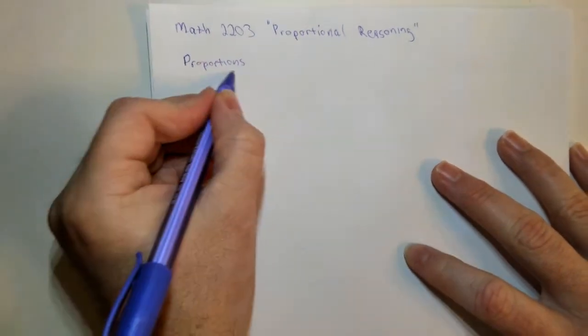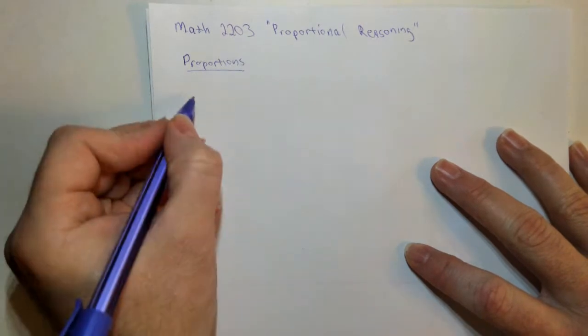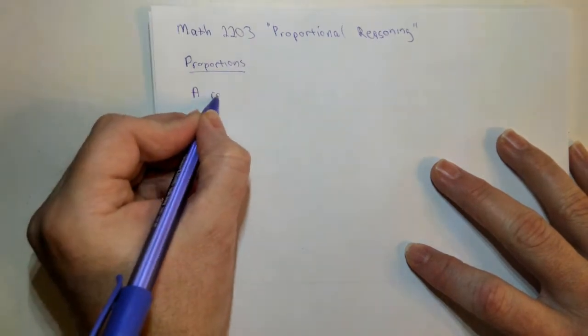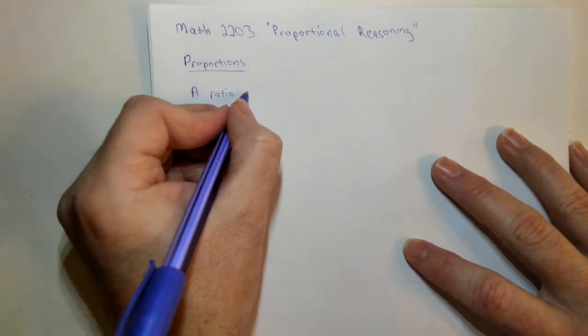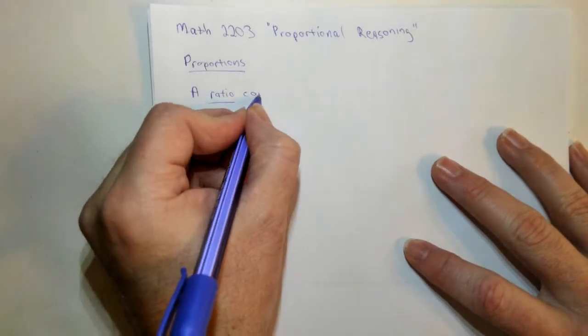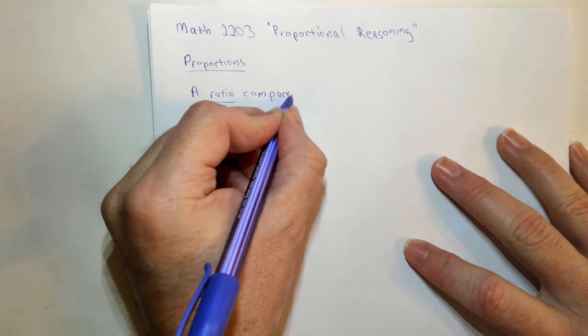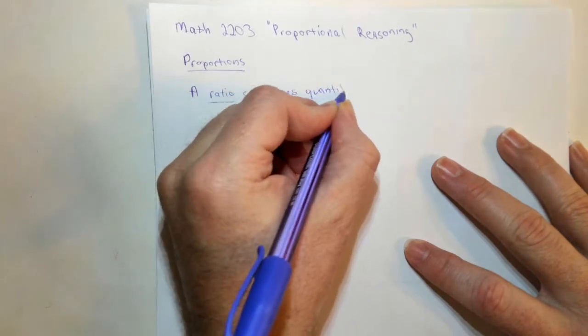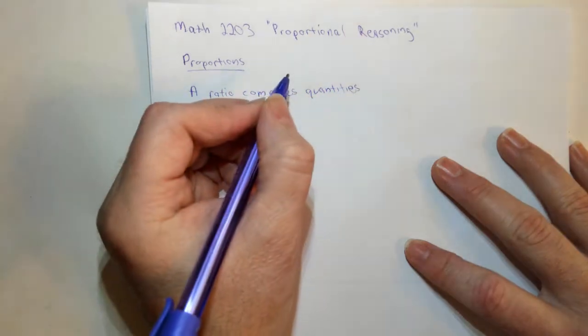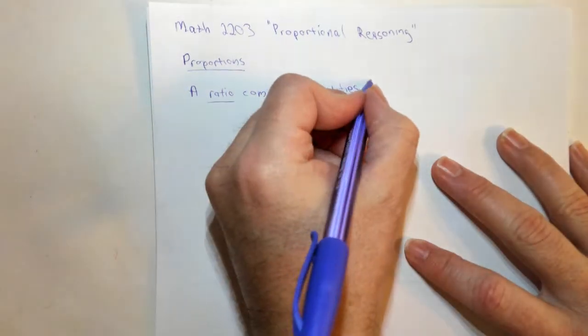So to start with, we're going to talk about ratios. So a ratio compares quantities by division.